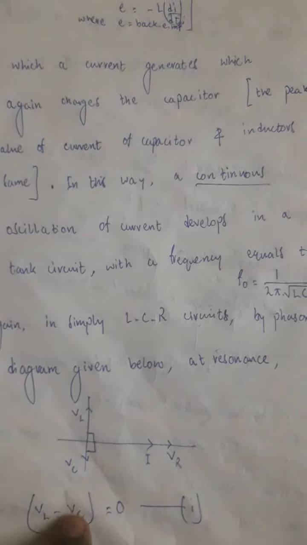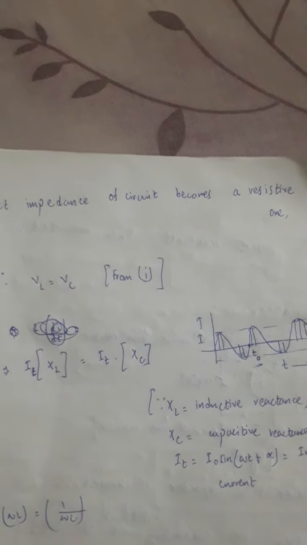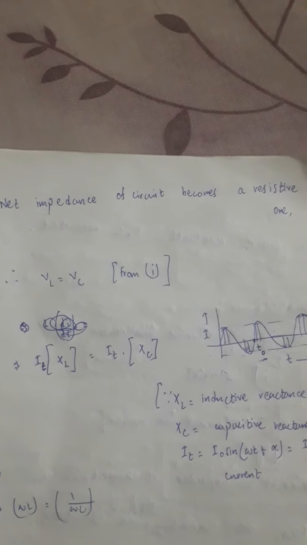And again, in a simple LCR circuit, by the phasor diagram given below at resonance, VL minus VC is equal to 0, meaning the net voltage is equal to 0, and the net impedance of the circuit becomes a resistive one, and that is why VL is equal to VC.